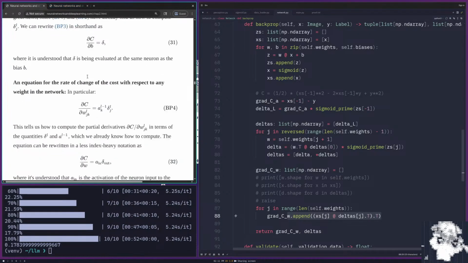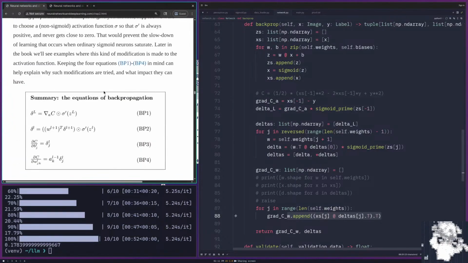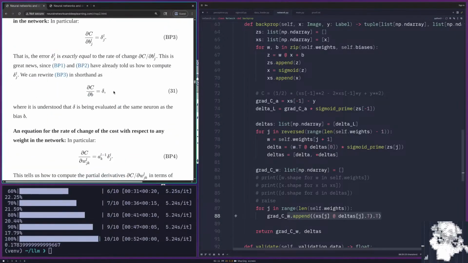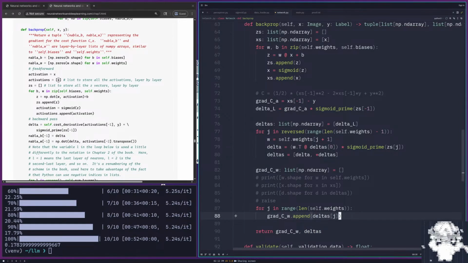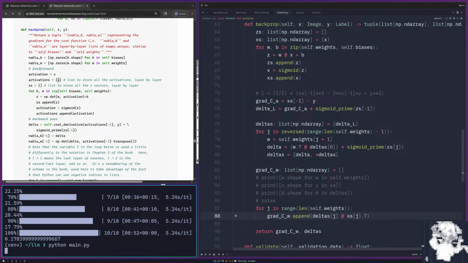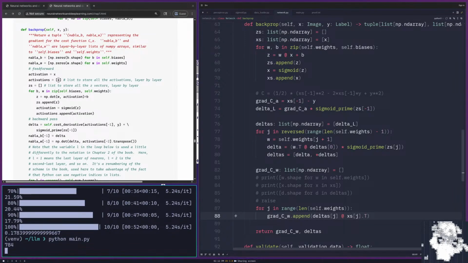So how did they implement that part? Where is it? So they did deltas, dot product with this dot transpose, which I thought would be the same as what I was doing, or at least would give the right dimensions, but I thought I tried this and it didn't work.